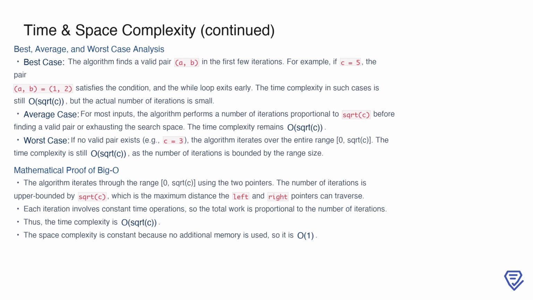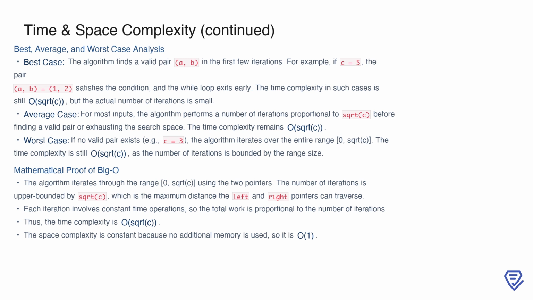In the average case, the algorithm performs a number of iterations proportional to sqrt(c), before either finding a valid pair or exhausting the range. The time complexity in such cases is still O(sqrt(c)). In the worst case, when no valid pair exists, such as when c equals 3, the algorithm iterates through the entire range from 0 to sqrt(c).